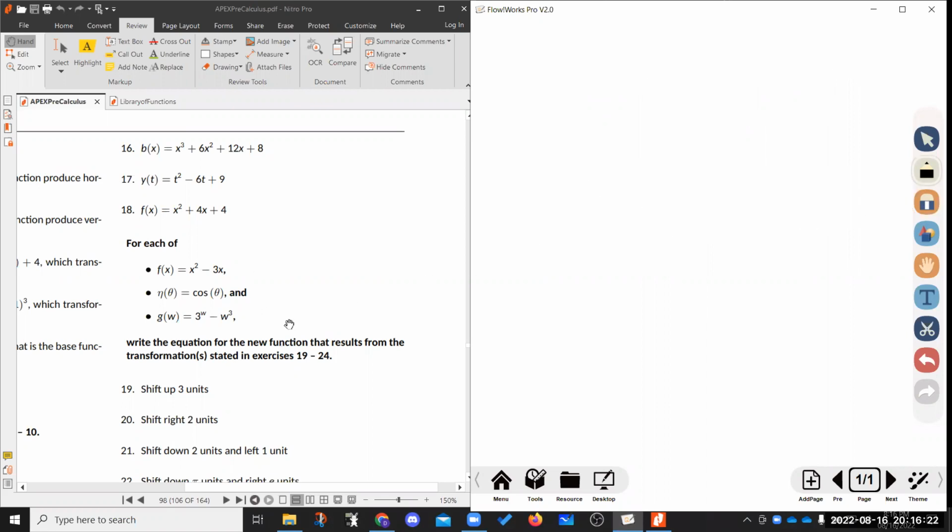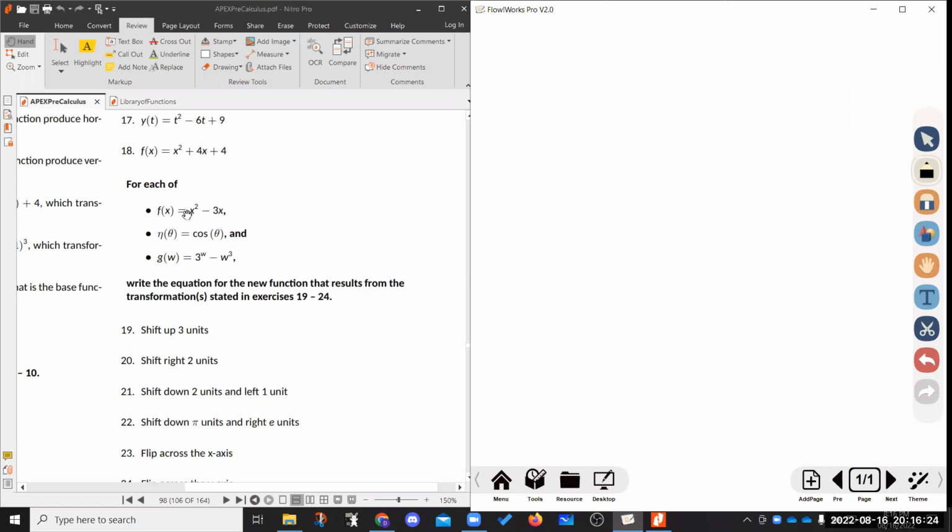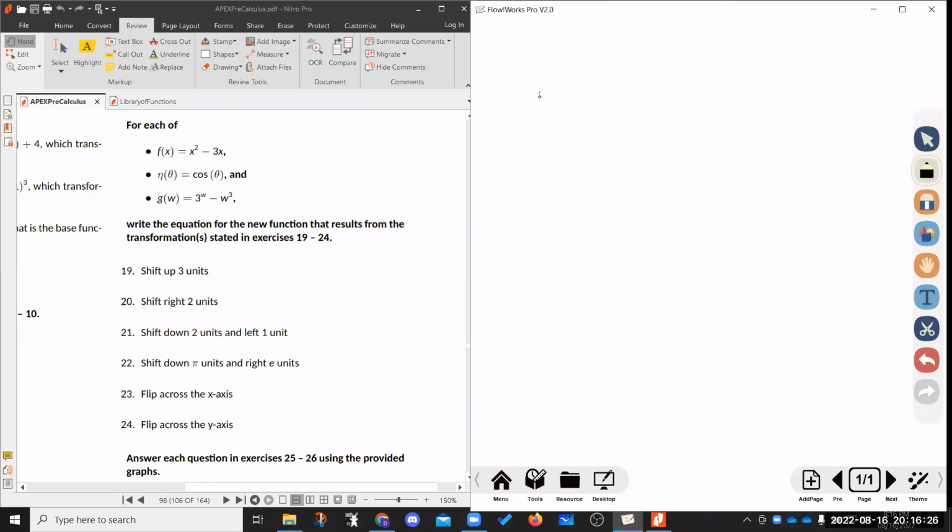For each of the following here, f of x is equal to x squared minus 3x, and then I forget what that is. I think that that's mu of theta is equal to cosine of theta.